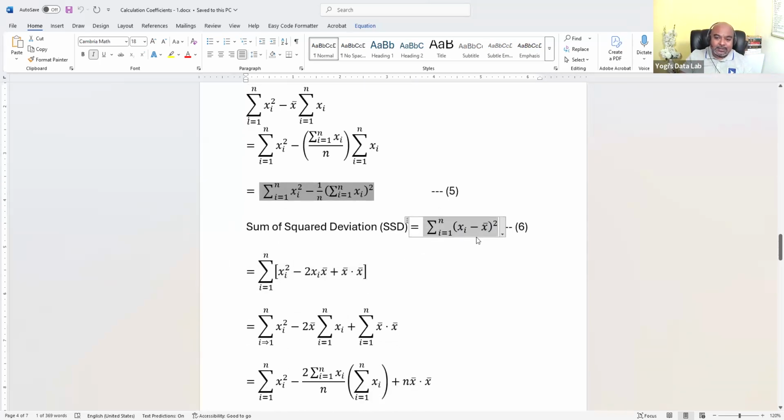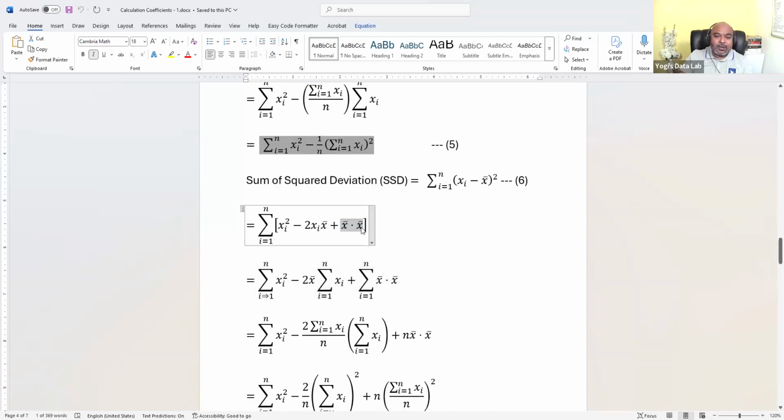When you expand this, using a minus b whole square, which is a square minus 2ab plus b square, you will get xi square minus 2 xi multiplied by x bar plus x bar square. So I wrote it x bar multiplied by x bar. Somehow I was not able to write x bar square using the mathematical formula.